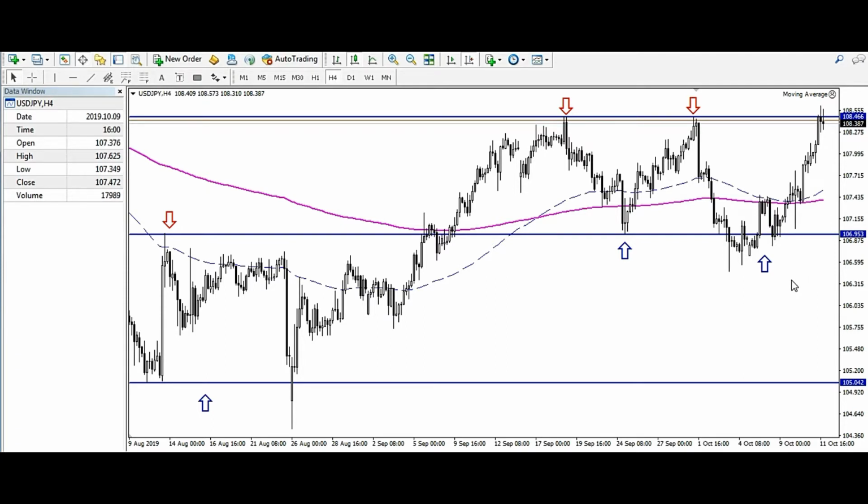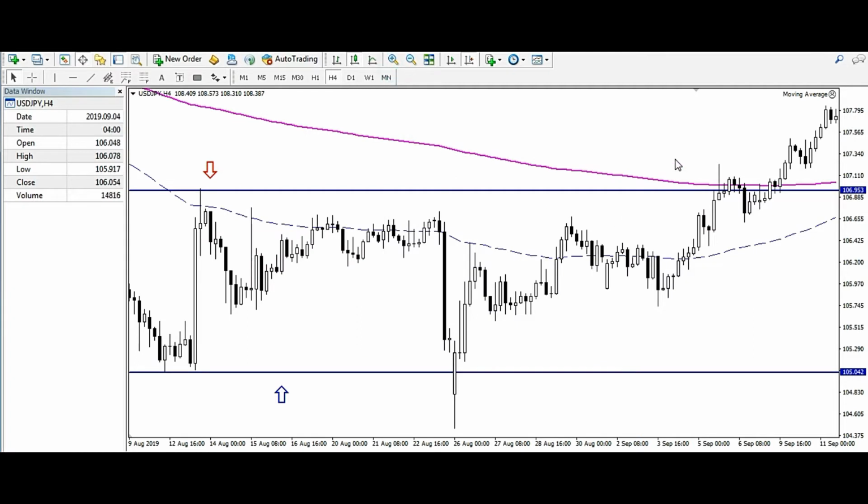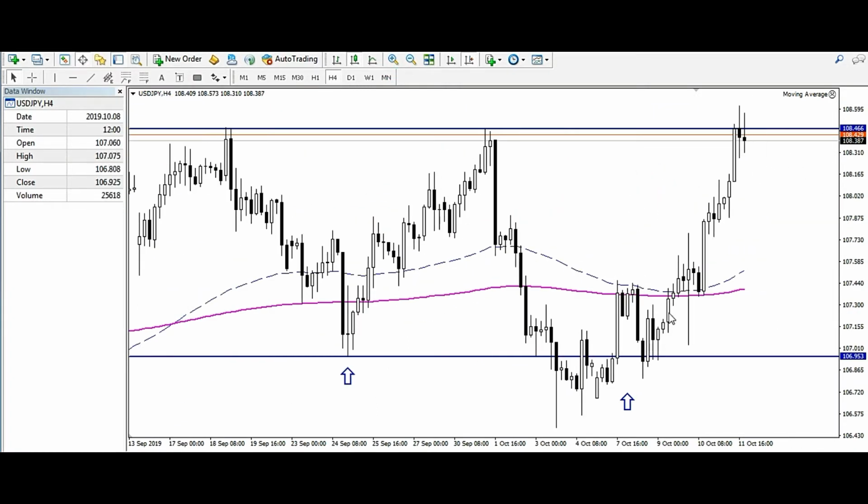Now let's talk about the short-term pulse of the market. As you can see, the market made some huge bull bars right here, bull candles, and right now the market is producing some indecision candles, which might suggest that this short-term uptrend might be at its end, and we can short here.